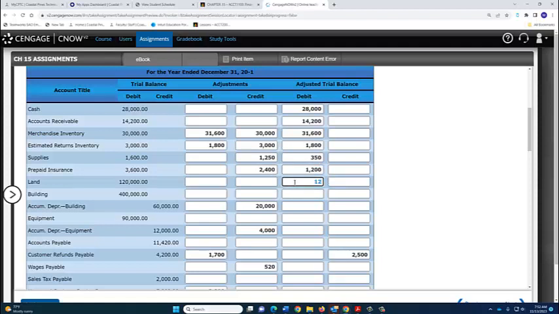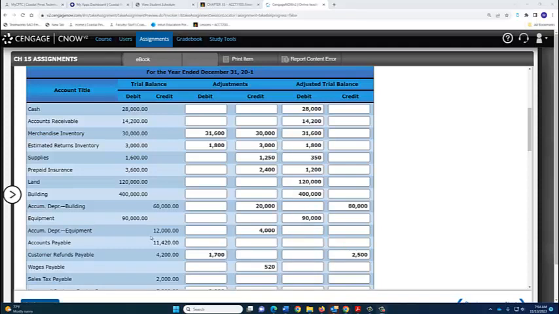We'll bring over the value of the land and the building. And the accumulated depreciation has now increased. We have a credit and a credit. Oops, and that is going to give us a credit of 80,000. The equipment is valued at 90,000.